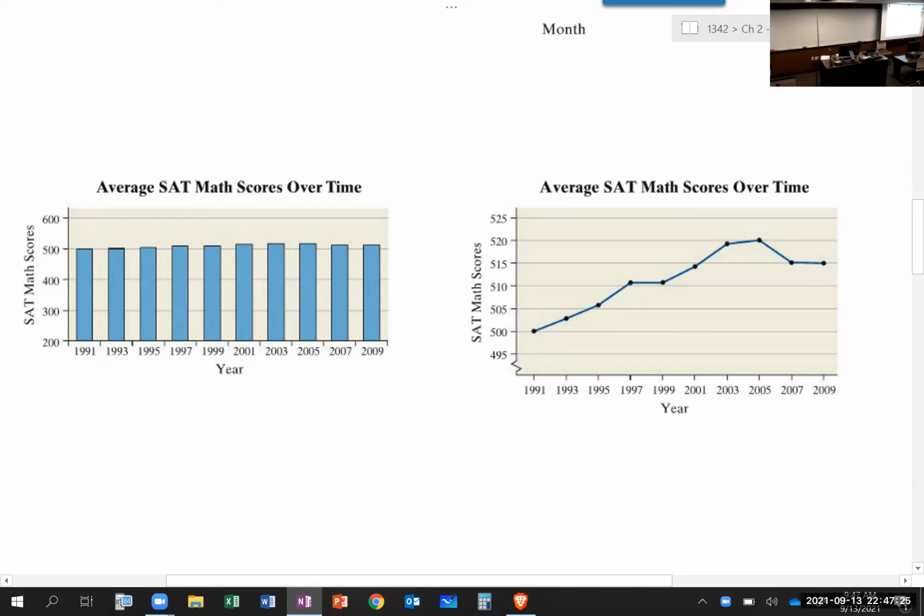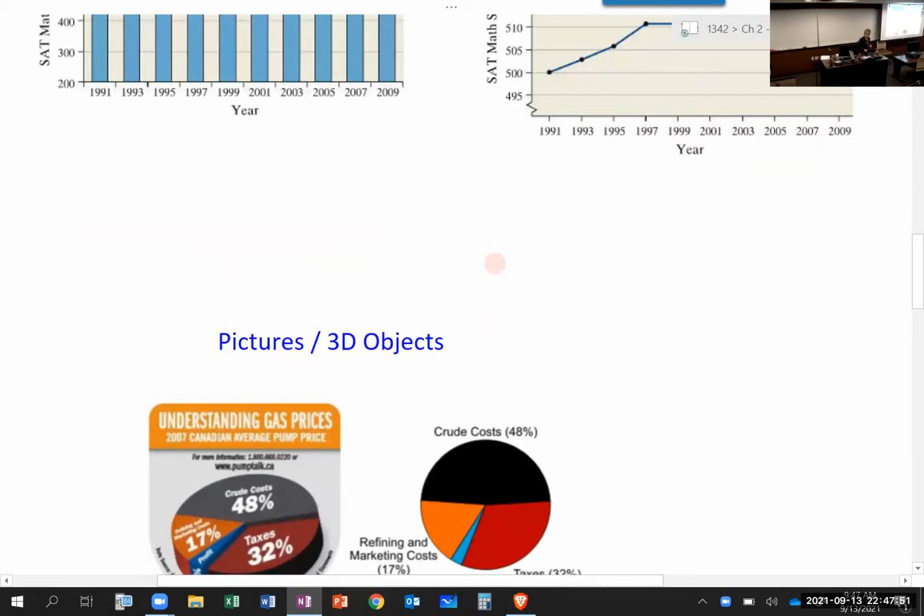Didn't we say bar graphs were for comparing things to each other? Might be more appropriate if I wanted to compare years to each other, as opposed to a trend that might be happening over time. So in this example right here, we are not necessarily looking at one being misleading. We're more looking at which one would be more appropriate, okay?